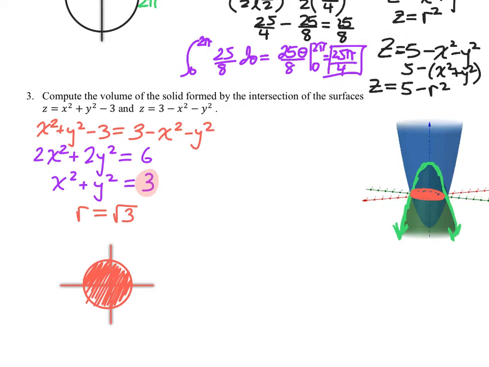All right, so the base region, the quote-unquote base region, is going to go from 0 to 2 pi. All right, so that's a measure of theta. Theta equals 0, theta equals 2 pi.